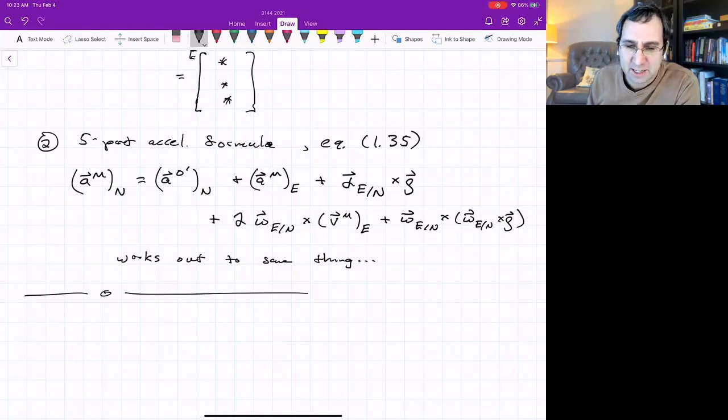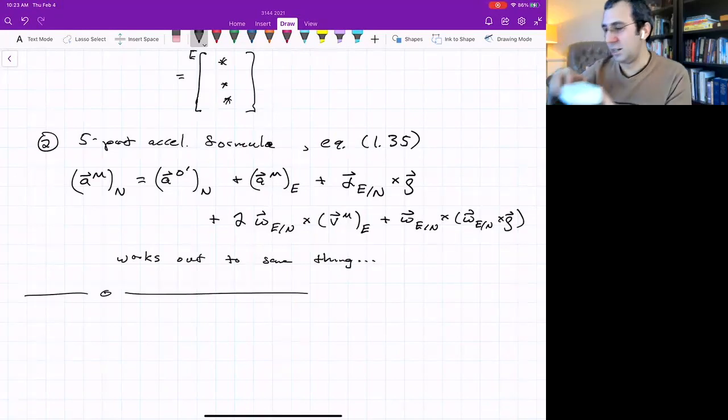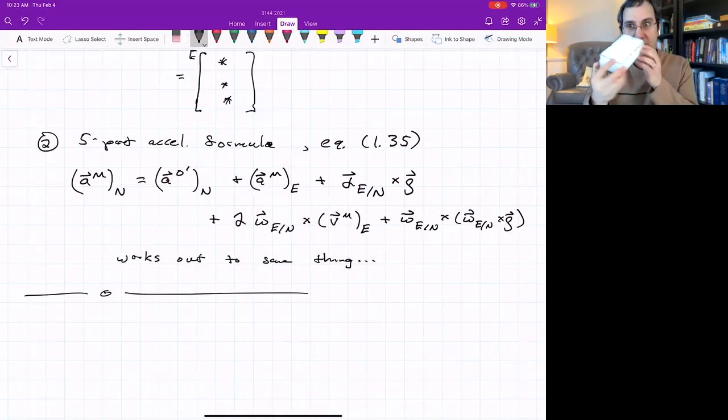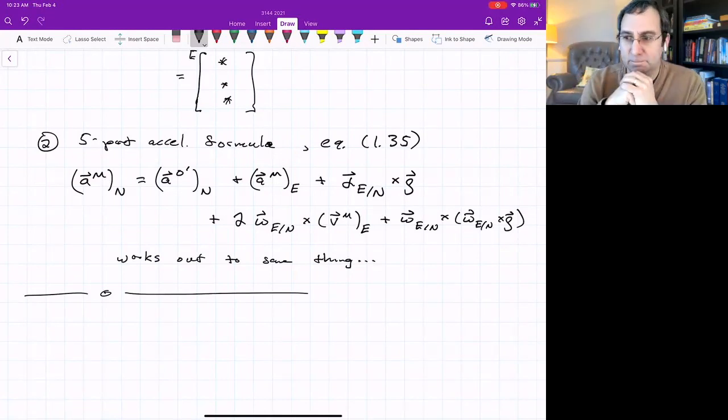And it's particularly easy for things moving on circular orbits. But in general, you'll have rotating bodies that are rotating unsteadily. So there'll be additional terms that show up. So I always think the transport theorem is the easier way to go.